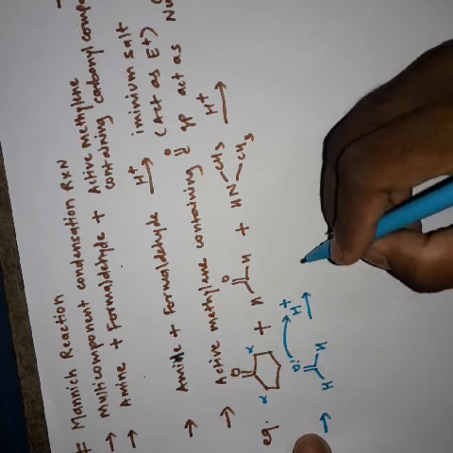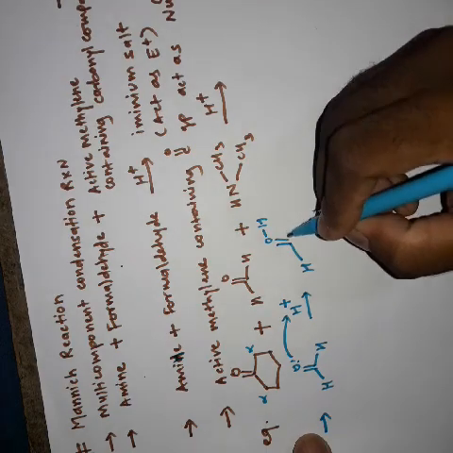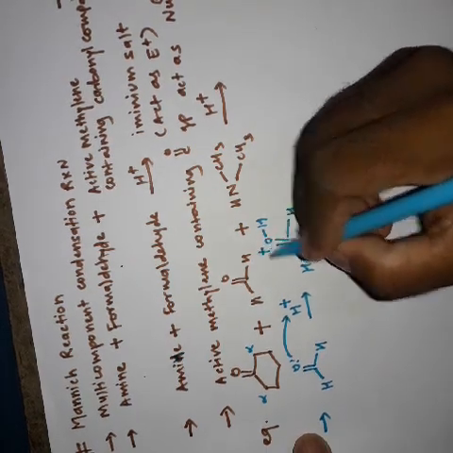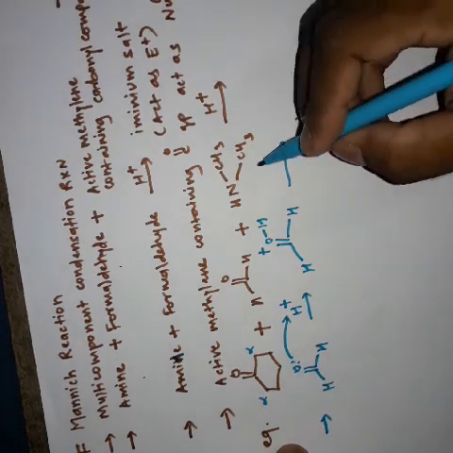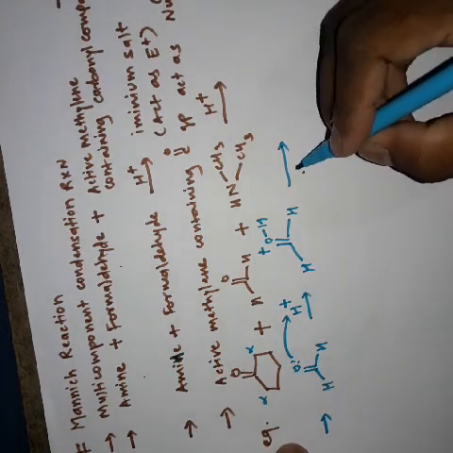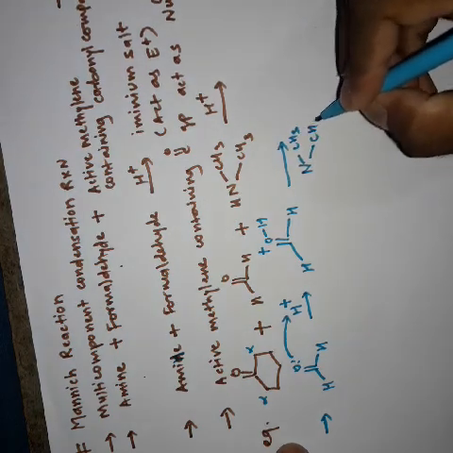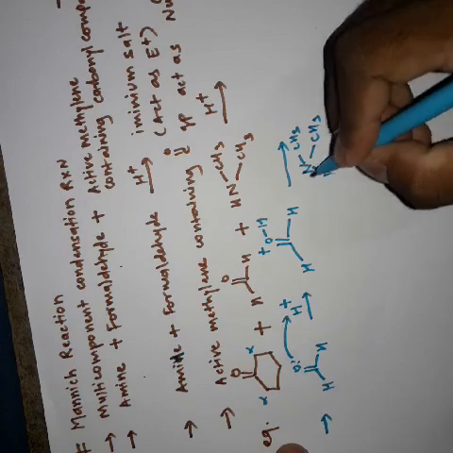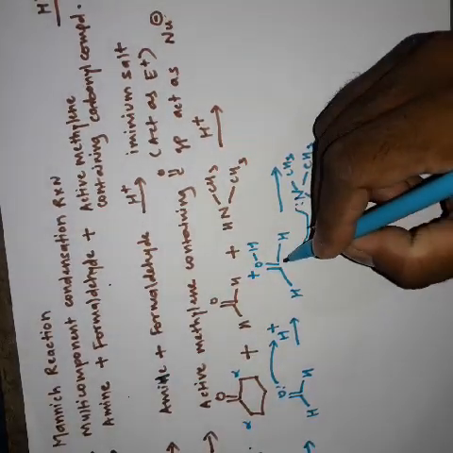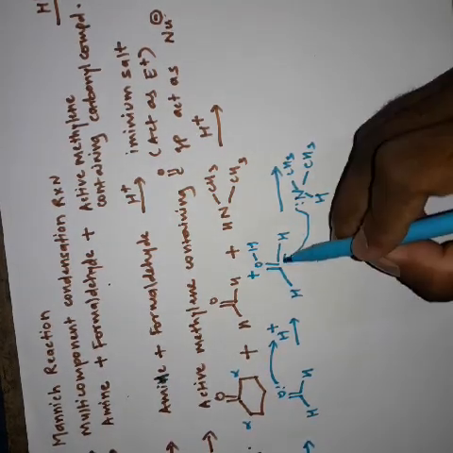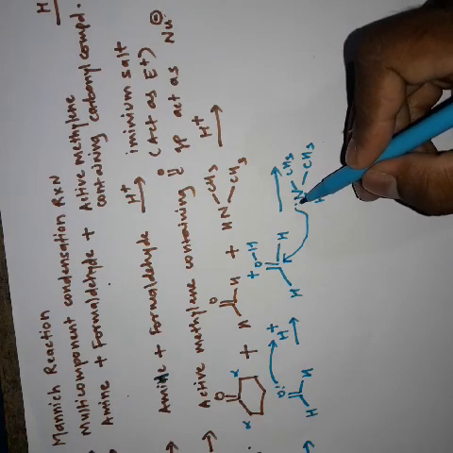The oxygen will get protonated, and then our base, basically the secondary amine we have taken, containing a nitrogen lone pair, will attack at the carbonyl carbon, which is electrophilic in nature, and since the nitrogen has a lone pair, it will act as a nucleophile.